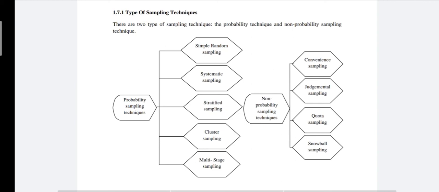Okay, so for now I just mention you that the probability sampling technique is the strongest one. So the method that usually used by researcher adalah cluster dan juga stratified and also SRS. So usually ramai yang guna cluster dan juga multi-stage.